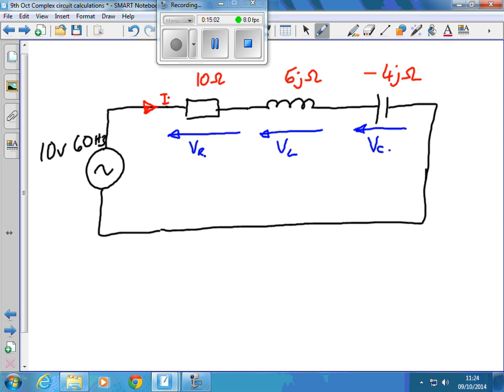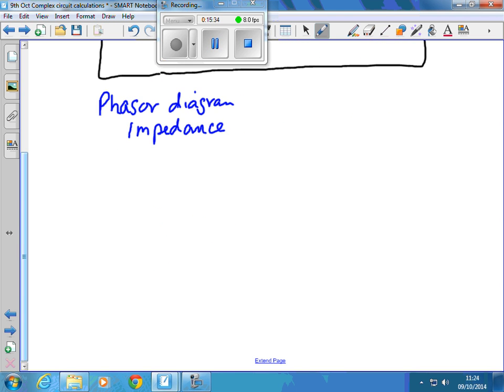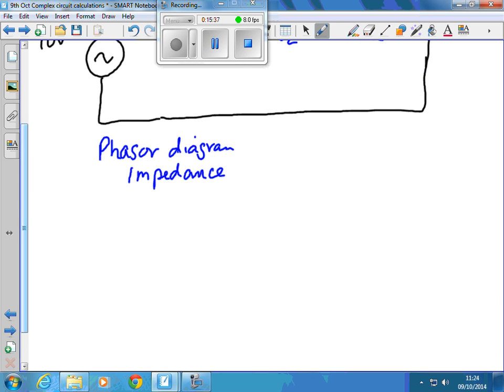Now one thing I could do here is a phasor diagram of impedance. So we got three impedances in this circuit.